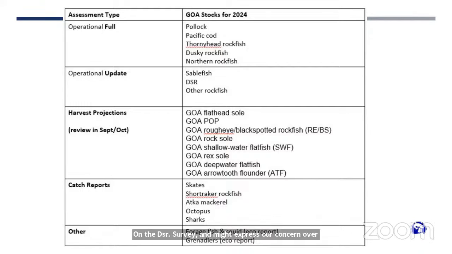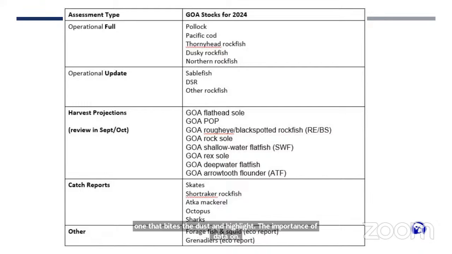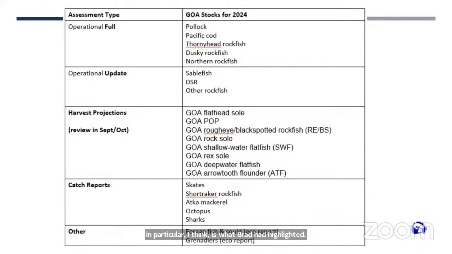Another one that bites the dust, and highlight the importance of data on yelloweye in particular, I think is what Brad had highlighted. And then on the ATF research model, we support the CPT recommendations for the single species TMB version in 2025. And that's kind of what I had for high level summary.